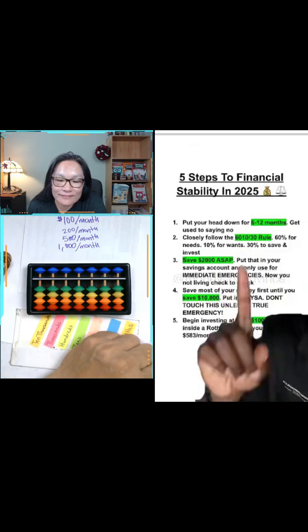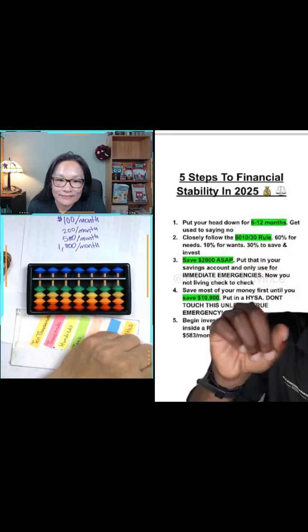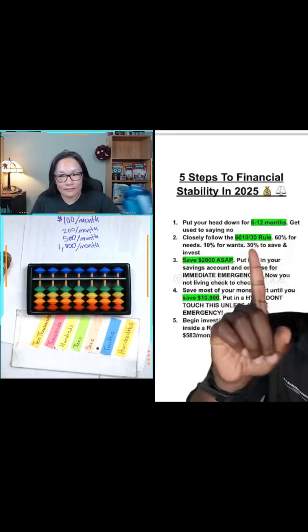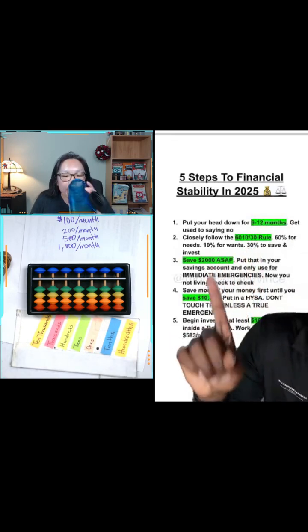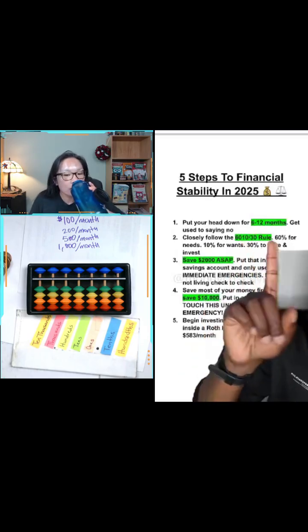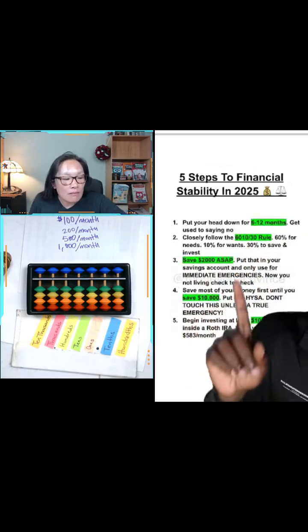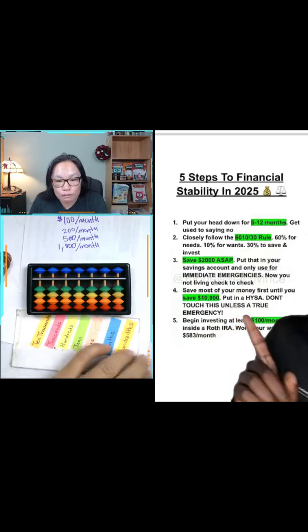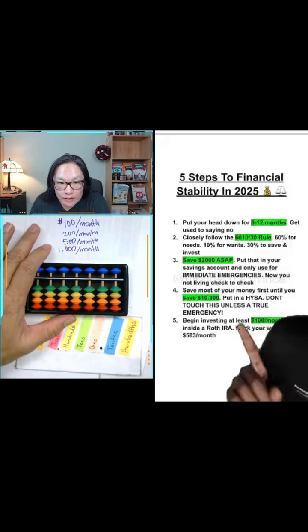You can always increase this number whenever, depending on your situation, but 30% is our baseline. That's where we're going to start. So if you make $1,000 a week, bi-weekly, or monthly, 30% of that, or $300, is then going into your investment account to save up for retirement. That's how we do that.